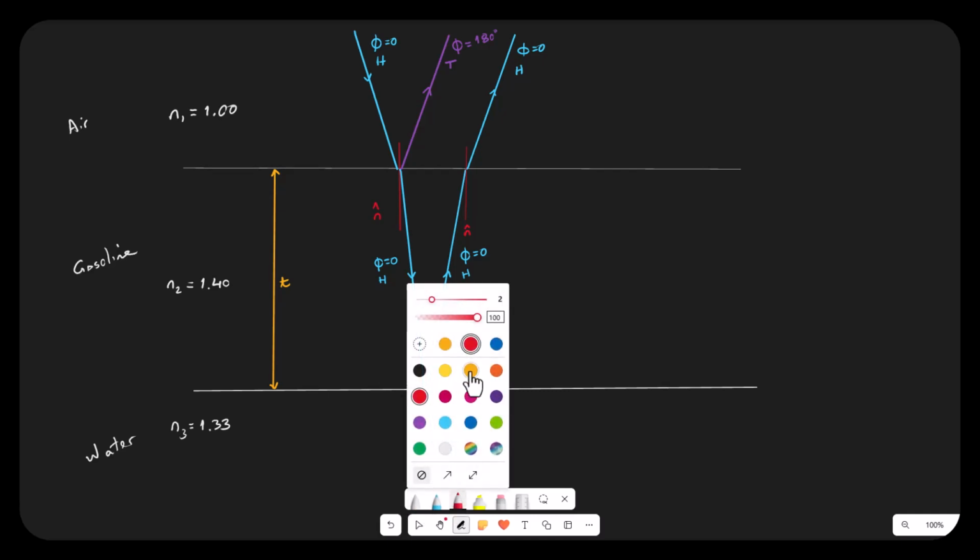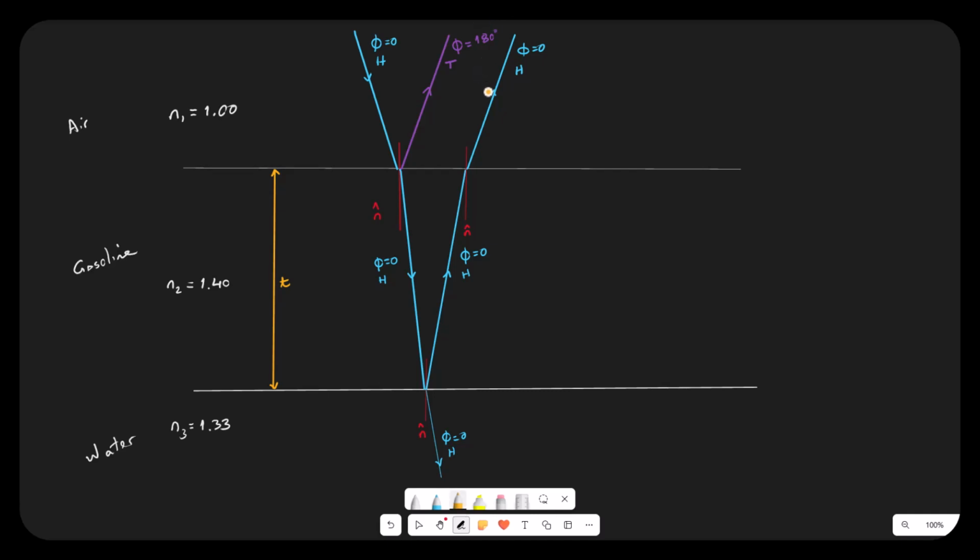So what I have is these two outbound waves that are going to be parallel to each other. They're necessarily going to be parallel, but they are out of phase. If these waves were in phase, we would get constructive interference. These waves are out of phase, so on their own, those waves should be destructive. So how do we make them constructive again?